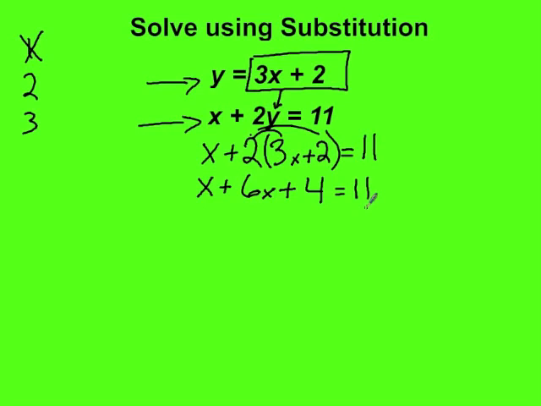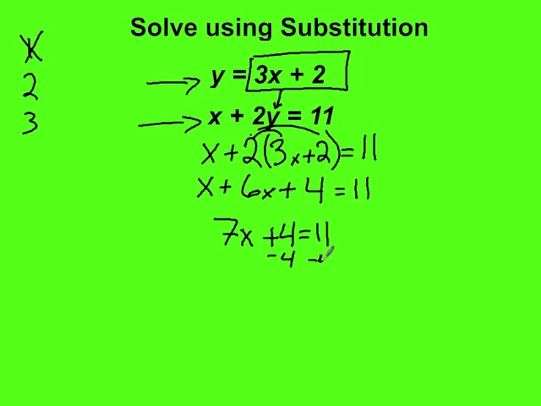I'm going to continue simplifying. I don't have a variable by itself yet. So x plus 6x, 7x, plus 4 equals 11.